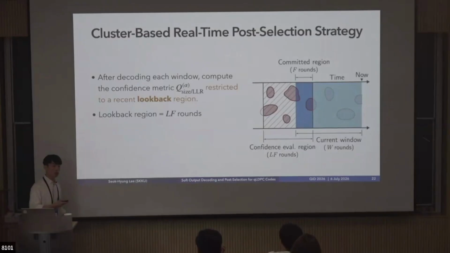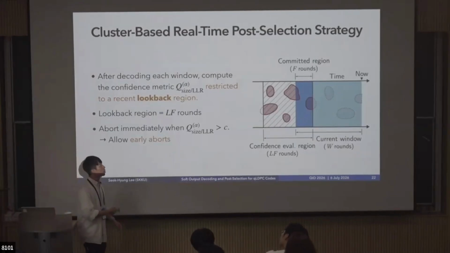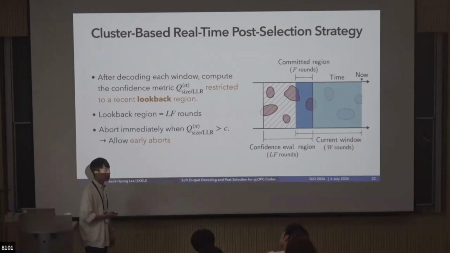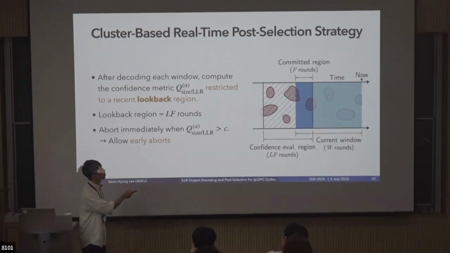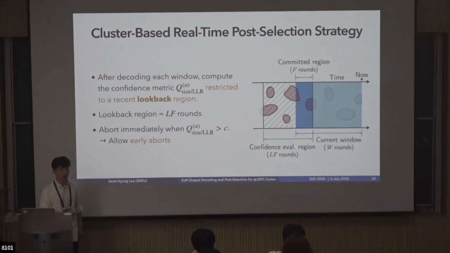There can be multiple options to extend the clustering-based strategy to sliding window decoding. We tested several of them, but the one we finally selected was to first run the decoder in the window, then choose a certain evaluation region starting from a certain past round to the final round of the commit region, and compute the confidence metric, the cluster metrics, inside this evaluation region.